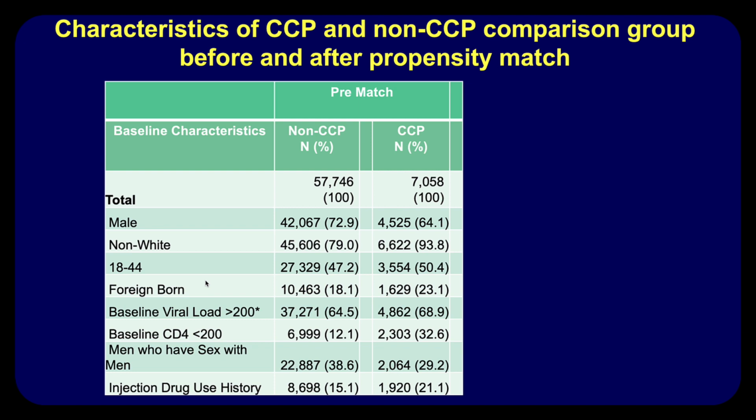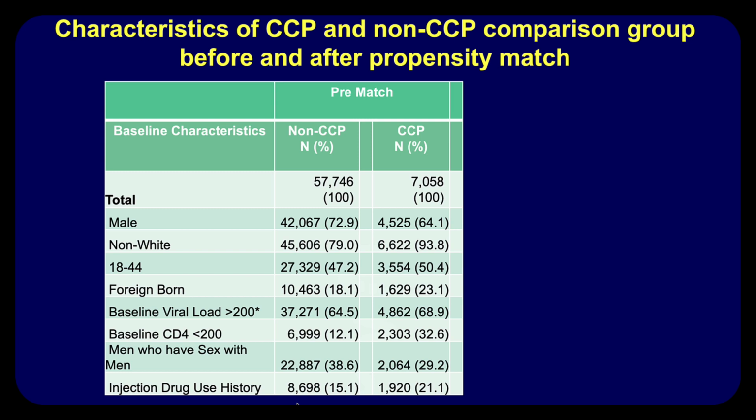So if you take the group of people enrolled in the program, about 7,000 people, you can see their characteristics here. And if you take just the 57,000 people who were eligible and who we were able to assign an enrollment date that matched the distribution of enrollment dates of care coordination program enrollees, you can see that they're really quite different populations from each other.